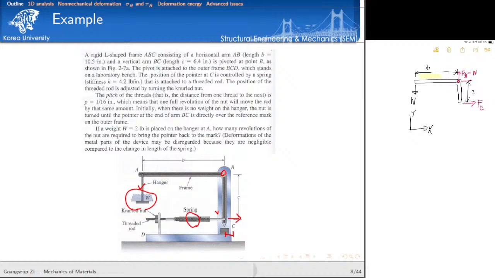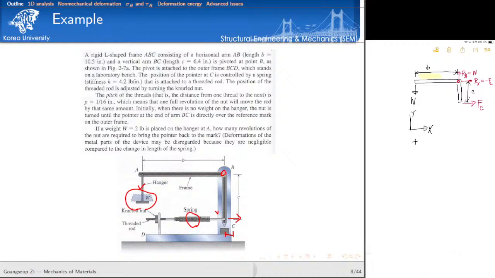Then the magnitude of the reaction in the x direction is equal to minus Fc, isn't it? But using this, we cannot determine the value of Fc. That's why let's consider the moment equilibrium.